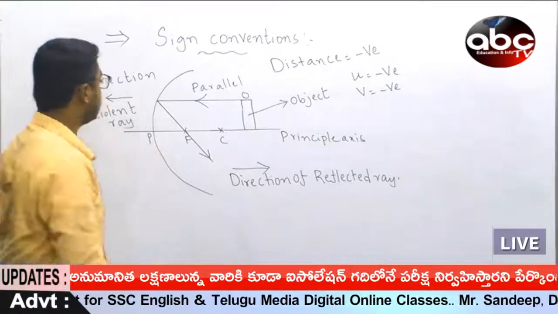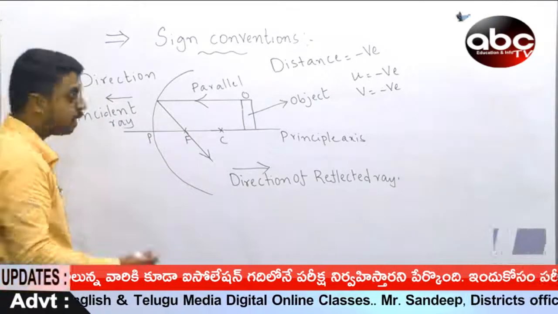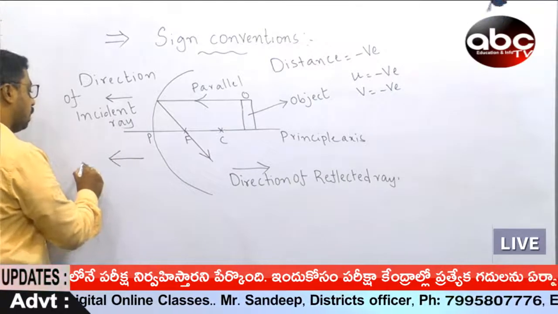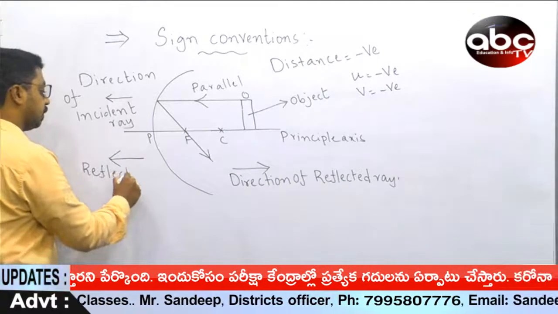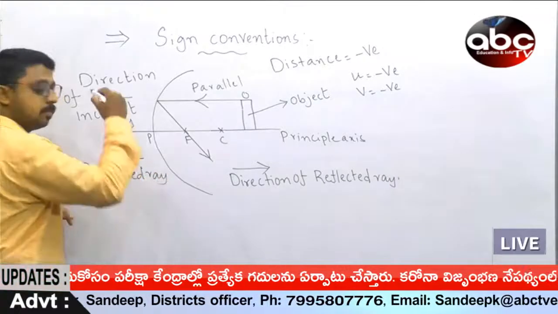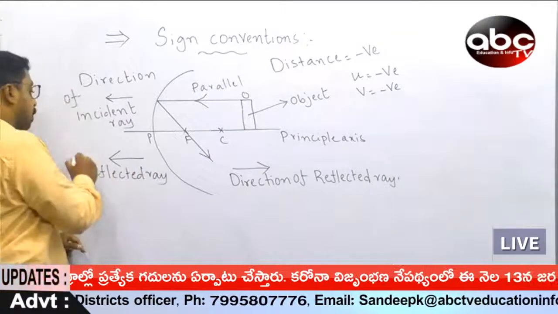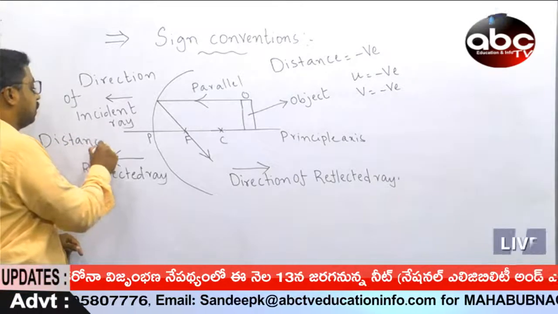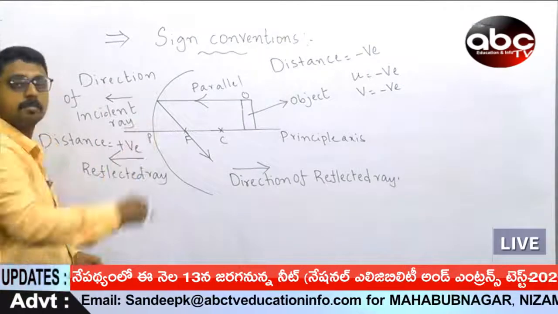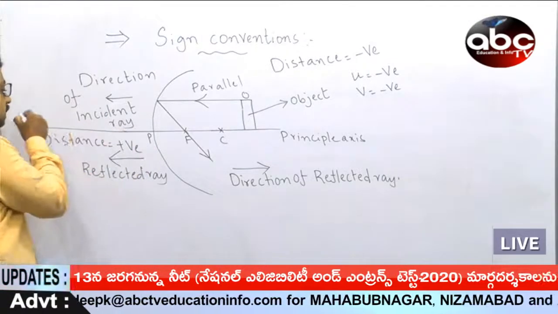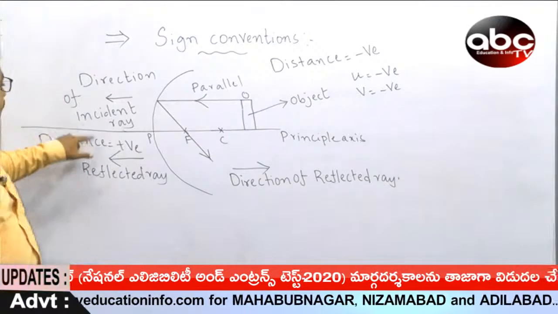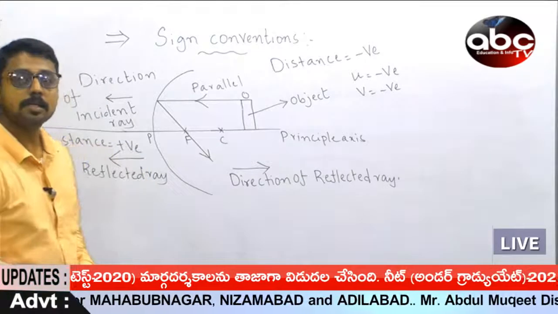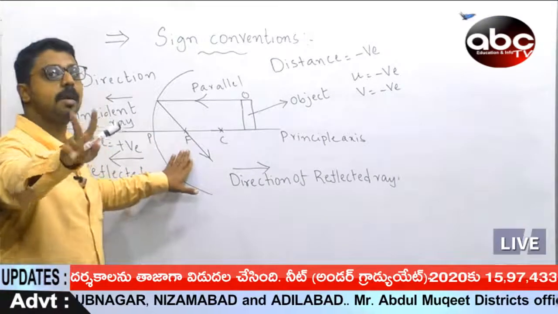If suppose the incident light ray is in this direction and the reflected light ray is also in this direction, then here you can take the distances as positive. Do not mingle this and this, because this is an upper section, this is a lower section. Here we have to observe two points very well.